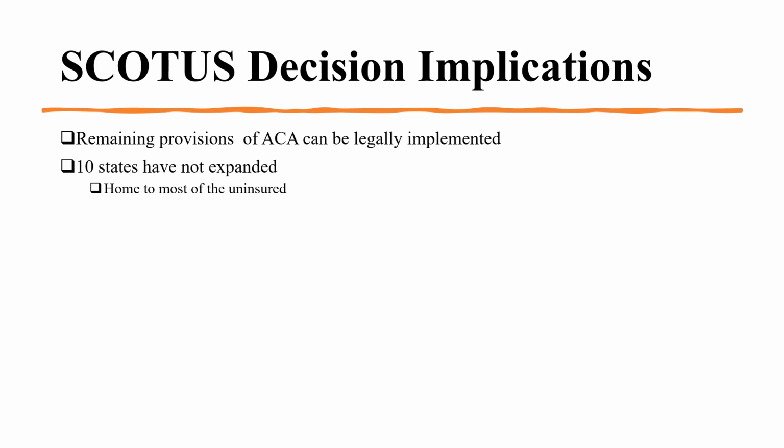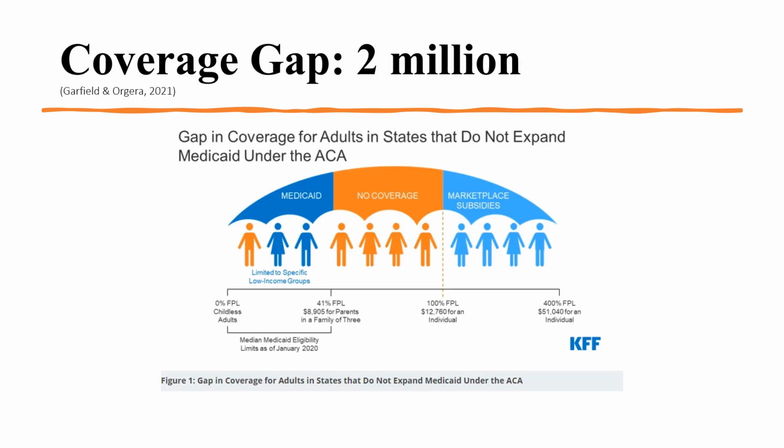Another implication is that the ruling created what's known as the coverage gap. These are average numbers, and they're from a few years ago, but many states do not provide Medicaid coverage up to 100% of the federal poverty level. Based on this information, as of January 2020, it was pretty much 41% of the federal poverty level.